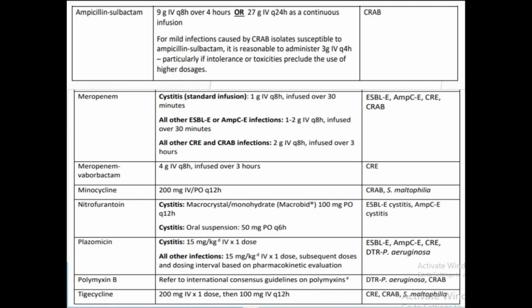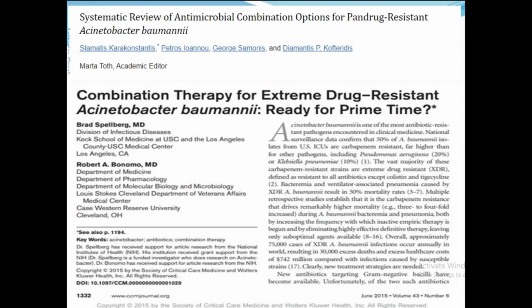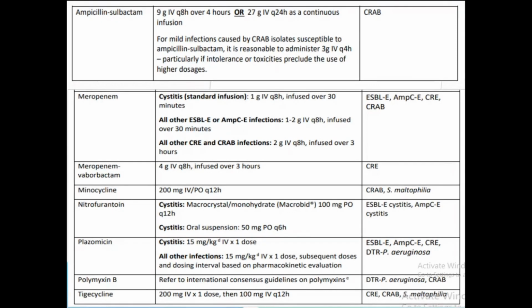But if we calculate the dose of sulbactam required, we now have this combination therapy, which has a systematic review. How much sulbactam should be given to a patient with normal creatinine clearance? The usual recommendation is 9 to 12 grams per day in 3 divided doses.